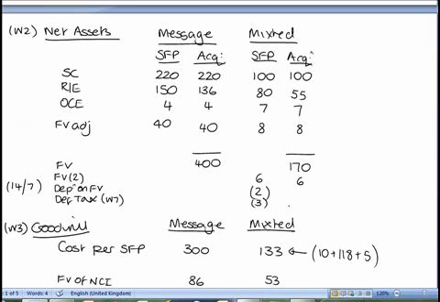What we can then do is our additions. 176 for mixed, 196 at the SFP date, so therefore there's an increase of 20. If we take a look at message, we've got figures of 400 and 414.